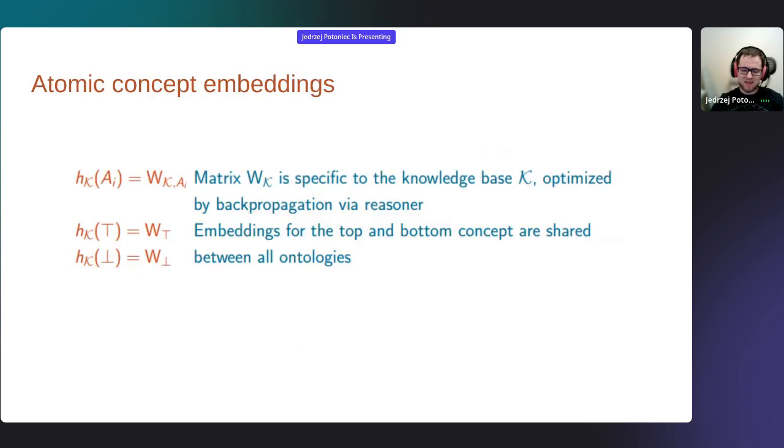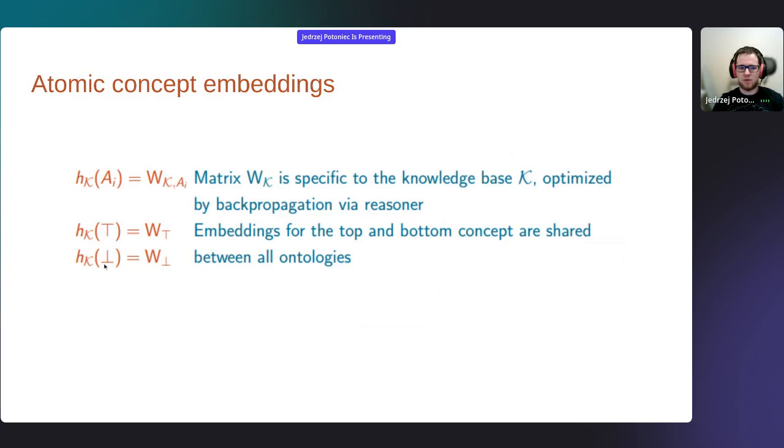The atomic concepts are represented simply as vectors, which are optimized or learned during the training of the neural reasoner. In the slides, the embeddings are denoted by H with the knowledge base name K in the subscript, and A stands for some atomic concept, so a concept which is not a complex concept.